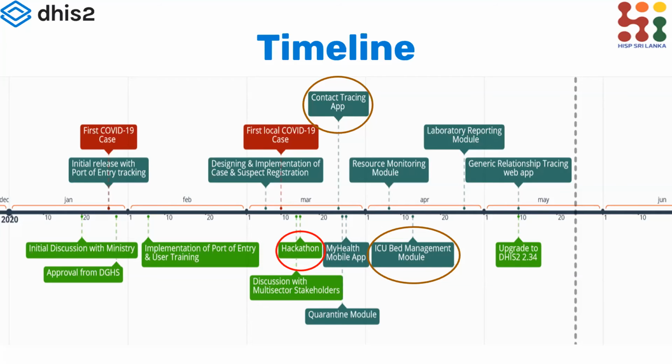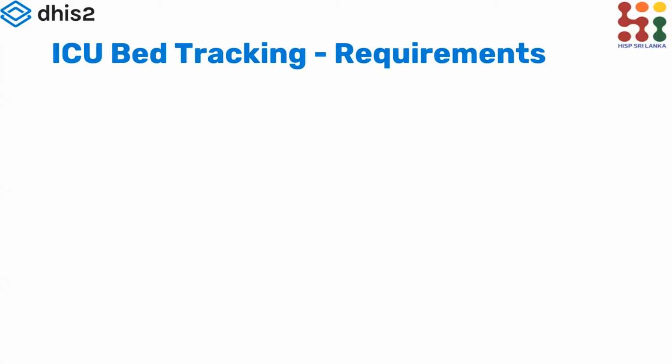Let me start with the ICU bed management module. Towards the end of March, we saw a sudden surge in COVID-19 patients, and some of them were critical. The country was very concerned because we did not have a proper integrated ICU bed tracking system.